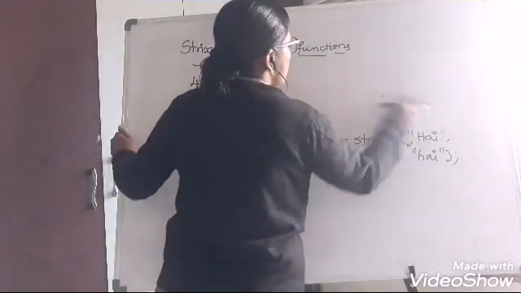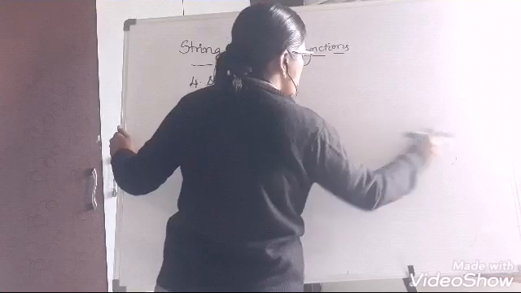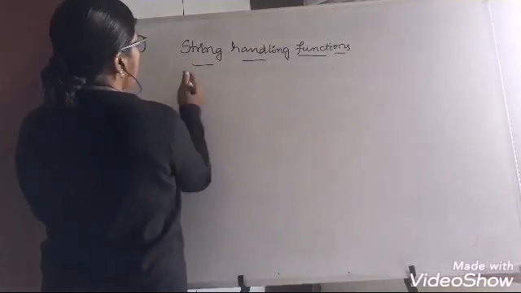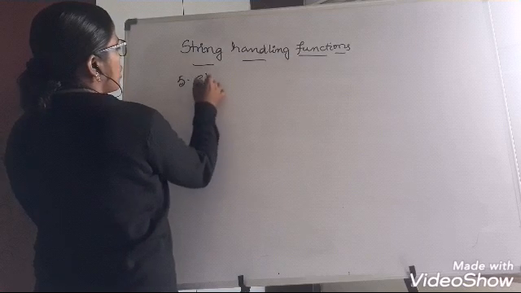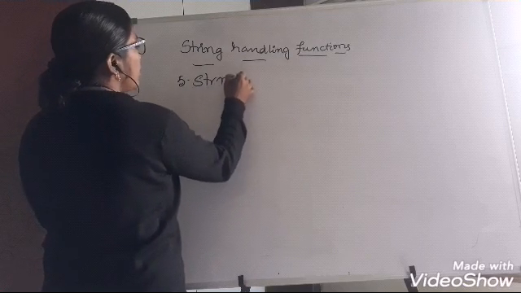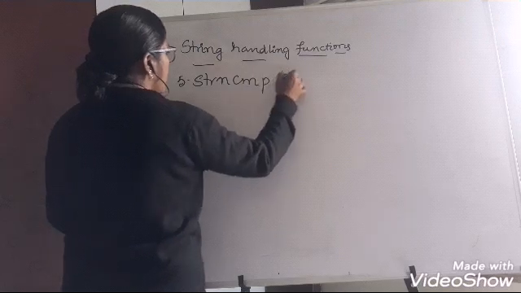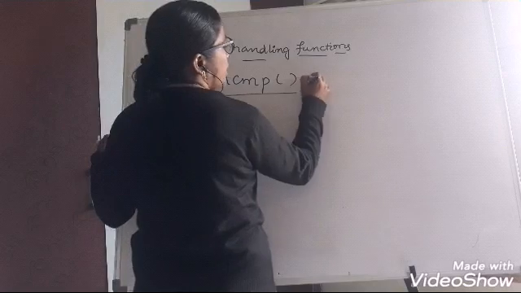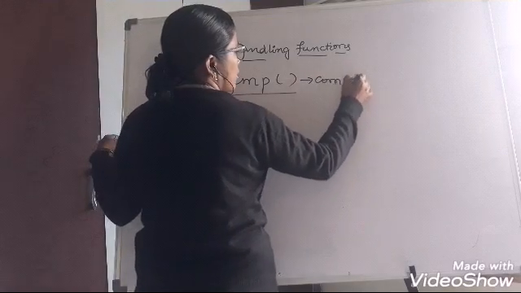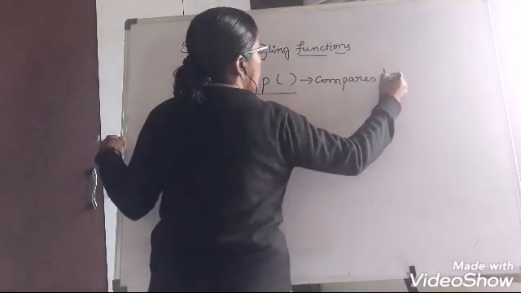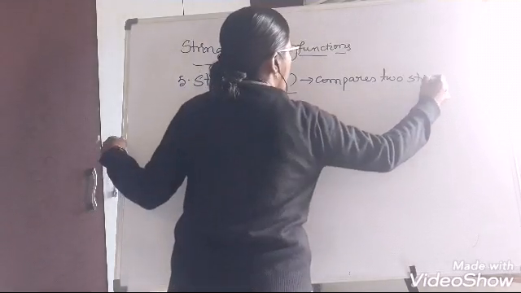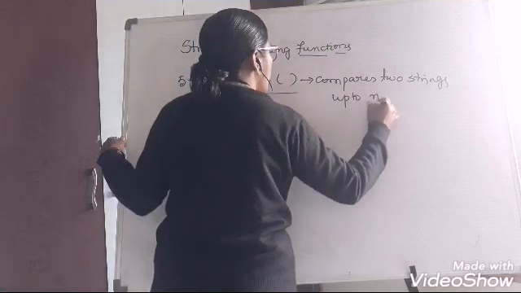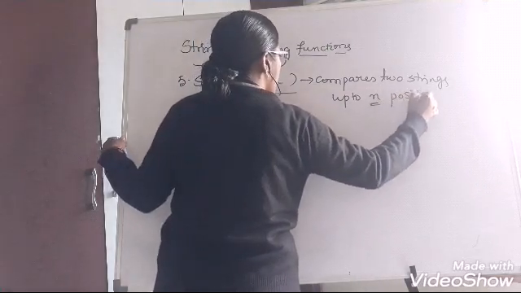So hope you are understanding. In continuation with this, the next string handling function is strncompare. This is the string handling function which compares two strings up to n positions.